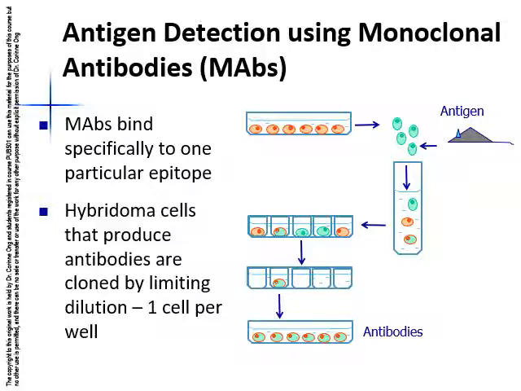Further propagation of these clones enabled large amounts of antibodies to be produced. All the antibodies were identical and bound only one type of epitope. These identical antibodies are called monoclonal antibodies. Because they're so specific, they're used in many different types of immunoassays, including ELISAs, agglutination, and immunofluorescence assays, which we'll look at next.